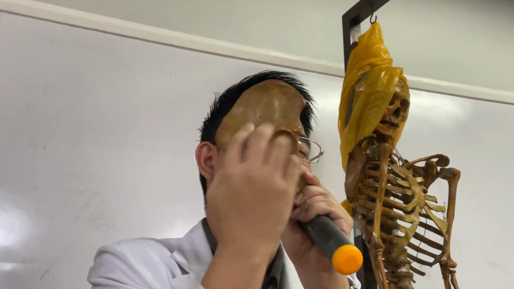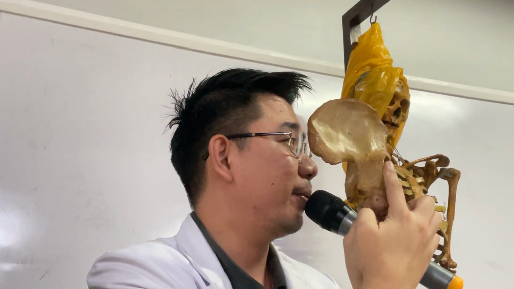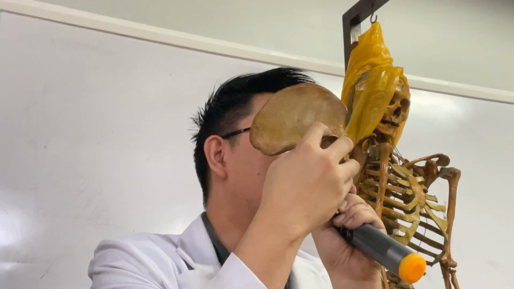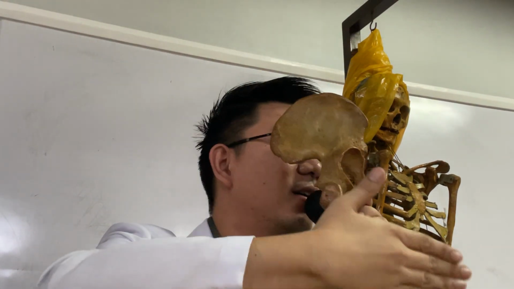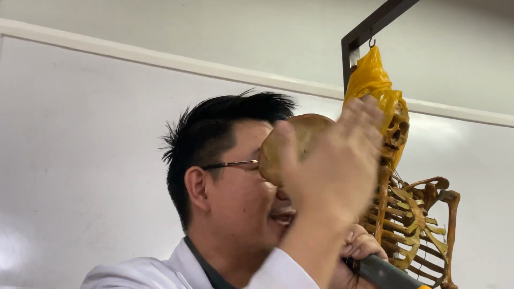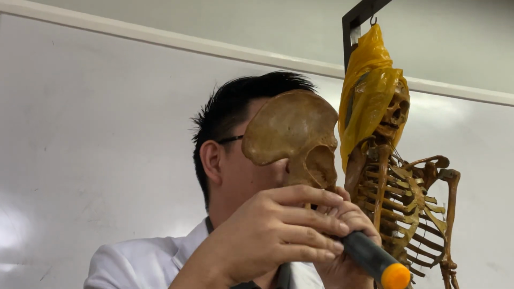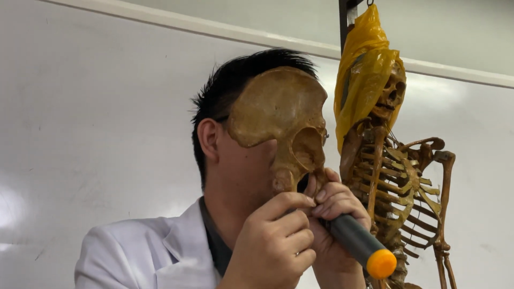When you see that, this is known as the lateral surface of the pelvis. Whether it's left or right, it should be the lateral surface. Because what happens if this is the medial surface?